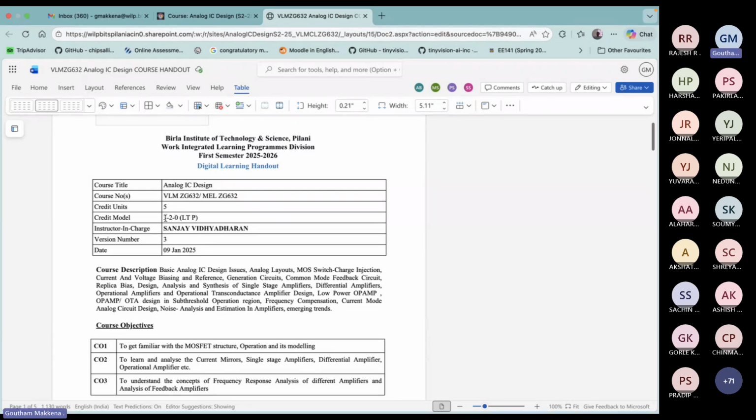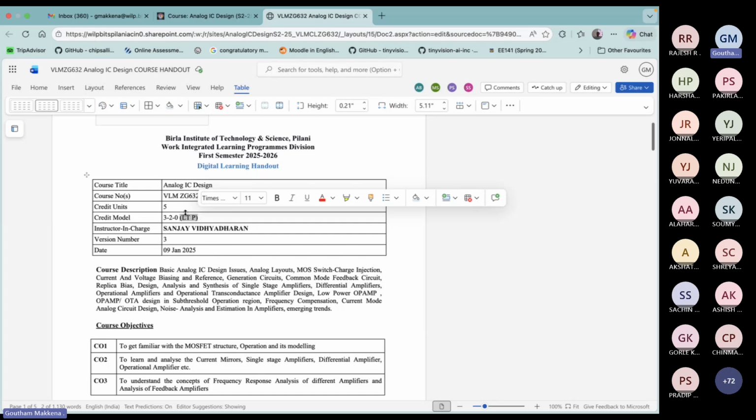So this actually means you will have 3 contact hours of lectures per week and 2 contact hours of practicals per week. So total 5 contact hours per week. This makes sense if it is an offline course. This is the typical breakup for offline courses.